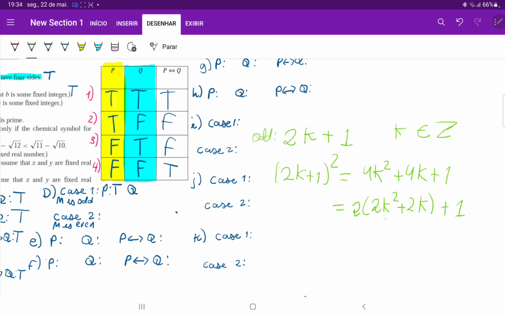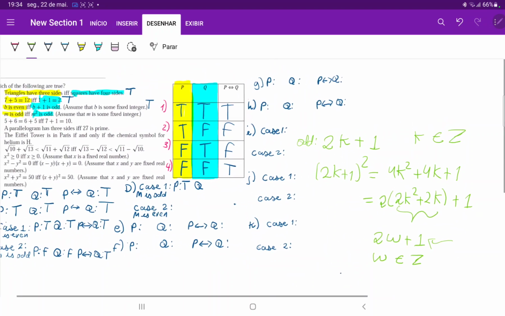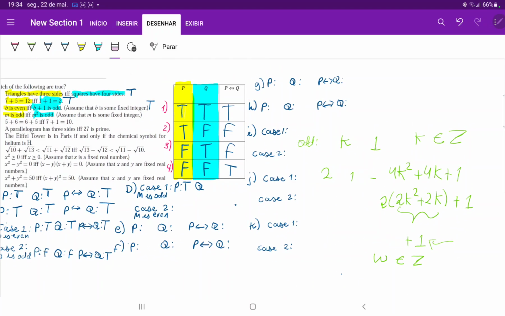Now, this 2k squared plus 2k is also an integer. So this has the form, say, 2w plus 1, where w belongs to the integers. So once more, we do have the form of an odd number, where the remainder is 1 whenever we divide by 2. So also odd. So let me just remove this.